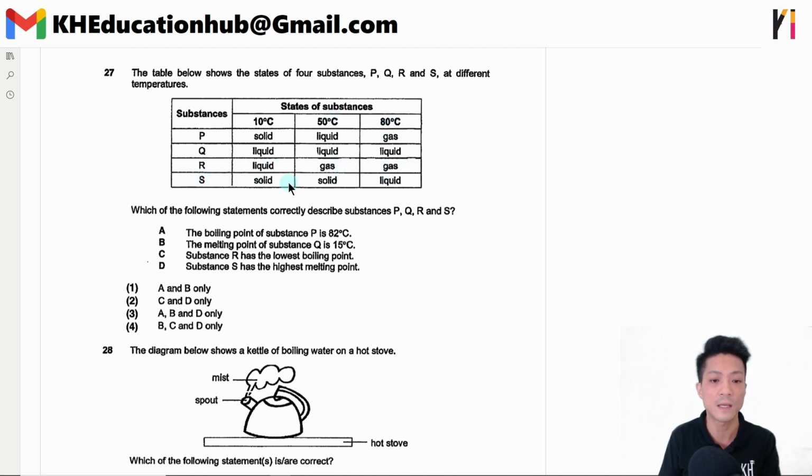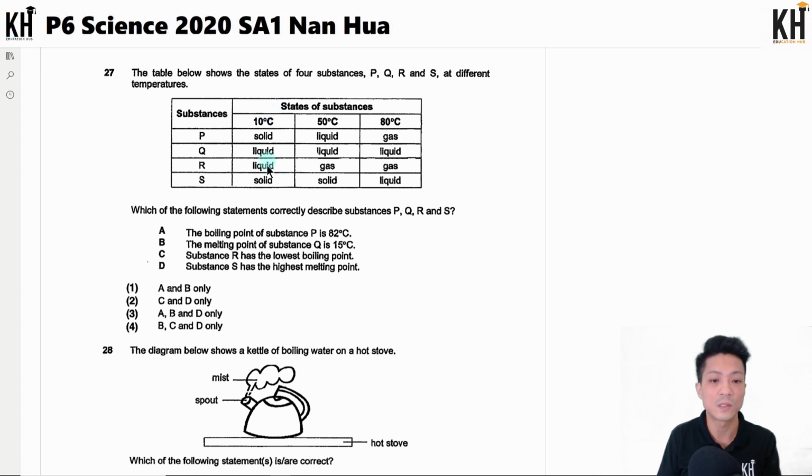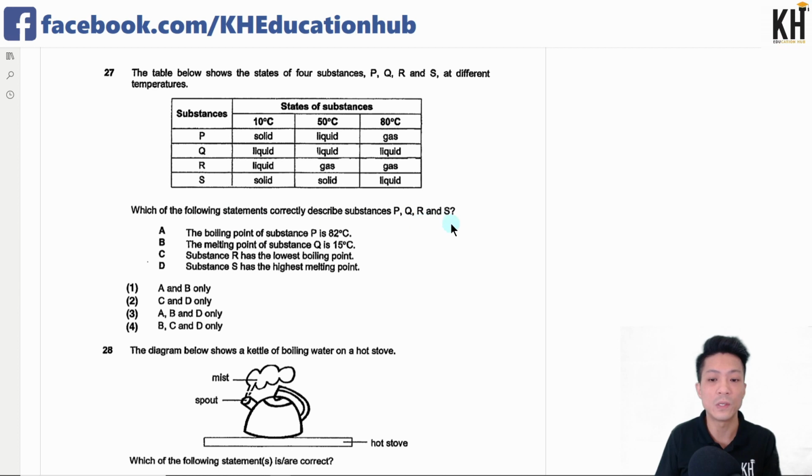For substance S, it is a solid at 10 and 50, and liquid at 80 degrees Celsius. Which of the following statements correctly describe substance P, Q, R, and S? A. The boiling point of substance P is 82.